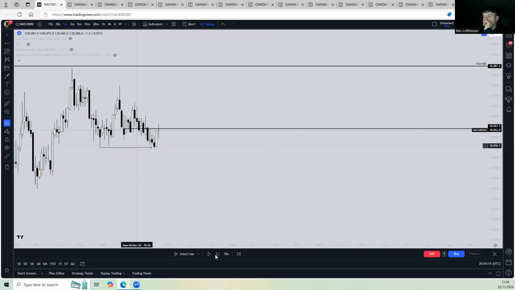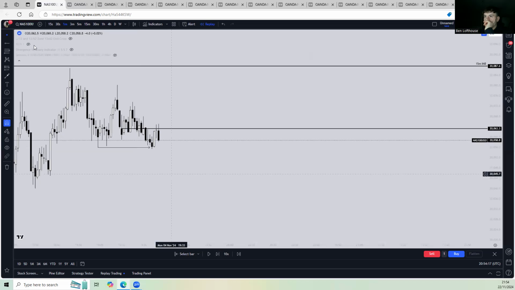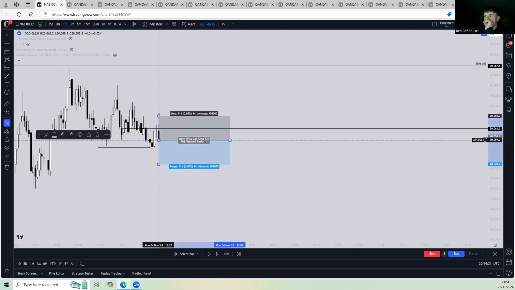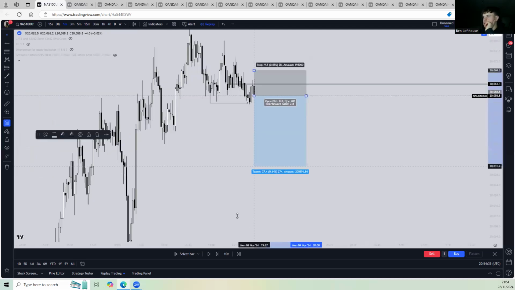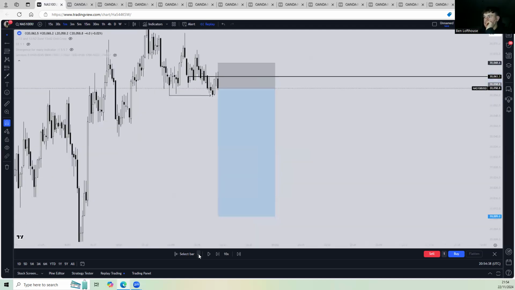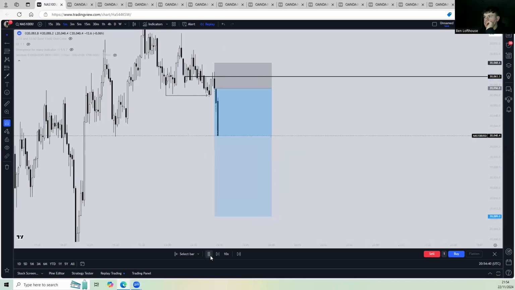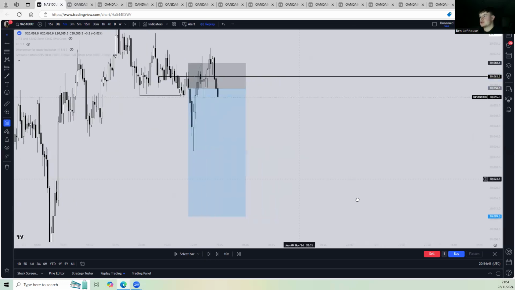So we've come into that chandelier exit after touching it. And plus notice on this one, there's no imbalance to fill. It's all filled. But again, that's 6.4. So I'd pad that and then take profit at 1 to 5. So that'd be a loss.